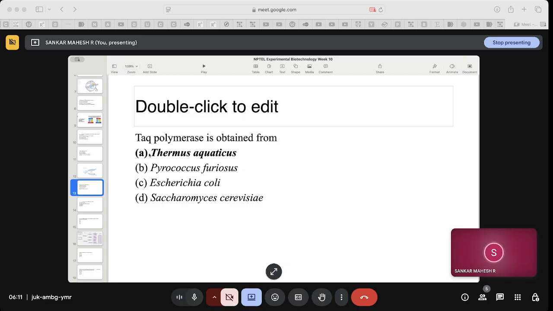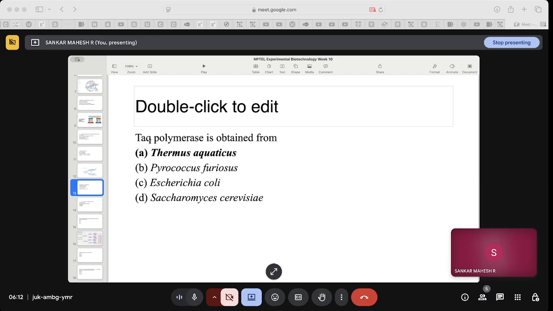Yes. Now this is a question that we discussed earlier, but still we'll just have a small recap. Taq polymerase is obtained from option A, Thermus aquaticus, option B, Pyrococcus furiosus, option C, Escherichia coli, option D, Saccharomyces cerevisiae. And from the name itself, you can get it.